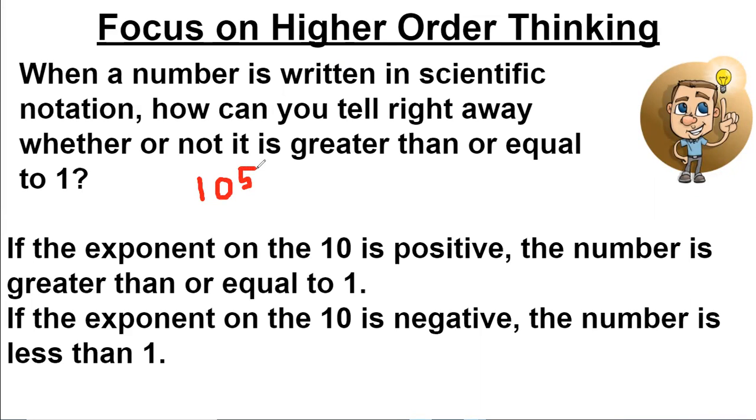That's 10 times 10 times 10 times 10 times 10. If I had 10 to the negative 5 power, that's the same as 1 over 10 to the 5th power, which is 10 times 10 times 10 times 10 times 10. And then you would divide 1 by that. So that's a very small number.